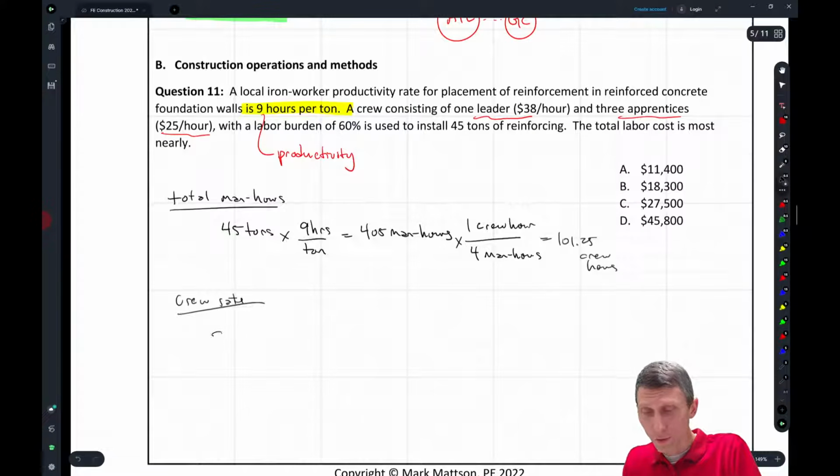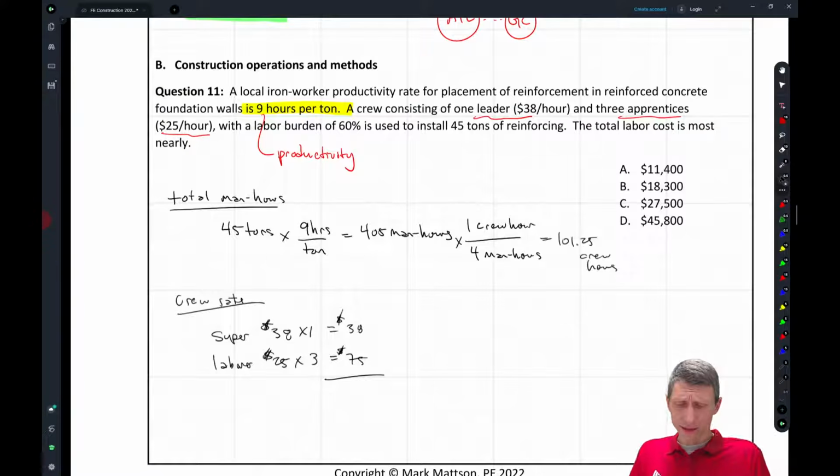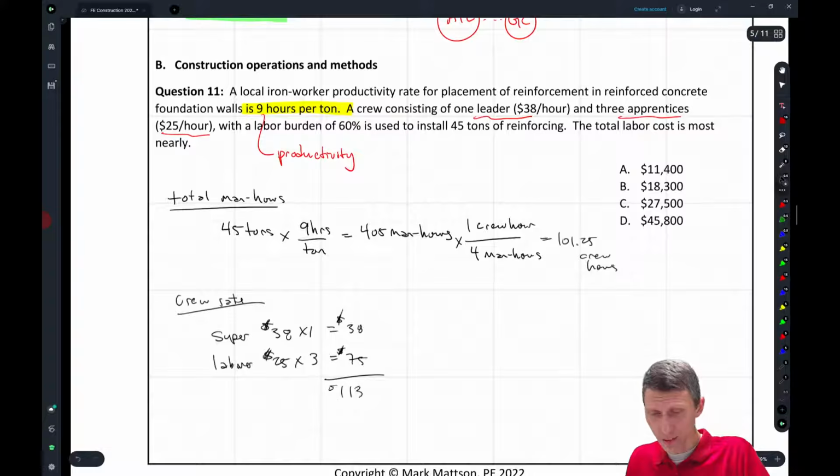We get a crew rate of the super at $38 an hour, plus the laborers at $25 an hour times 3. This is times 1, that's times 3, so we get $38 and $75. What's 38 plus 75? It's $113.